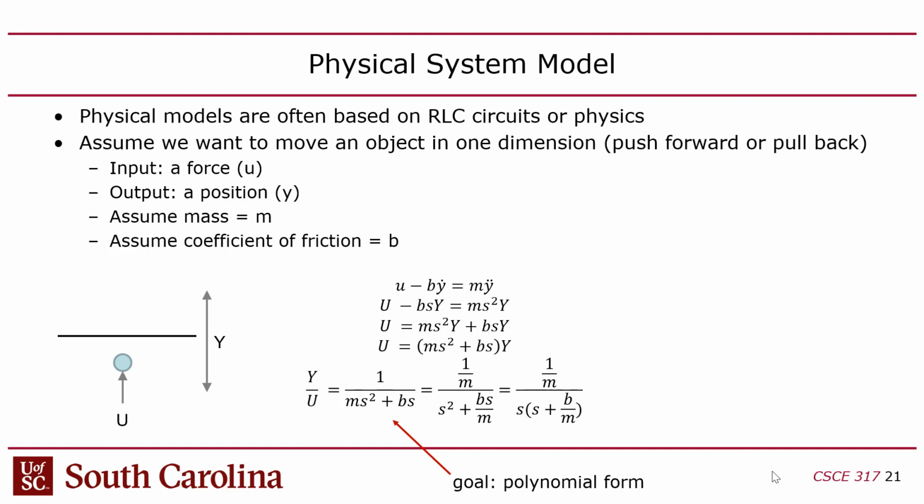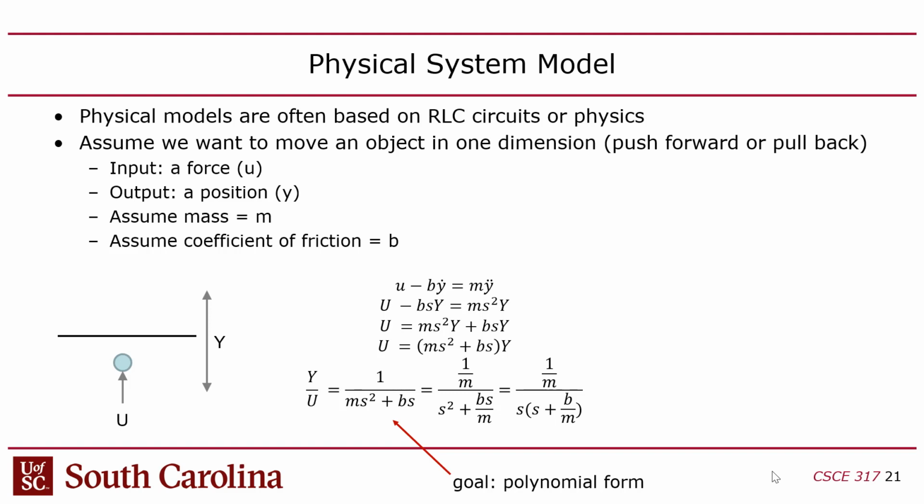And then you also want to get it into a form where you factor the denominator, so you can look for the poles. And so you can then factor out s. So you end up with 1 over m, divided by s times (s plus b over m), right? And so you can see there that this is a second order system.